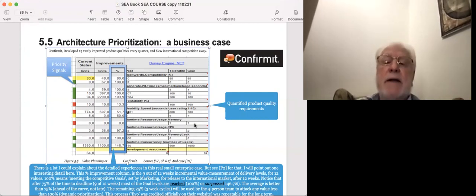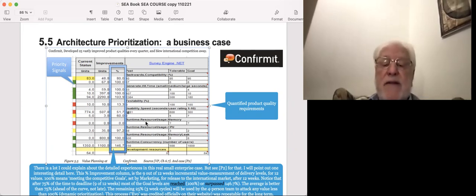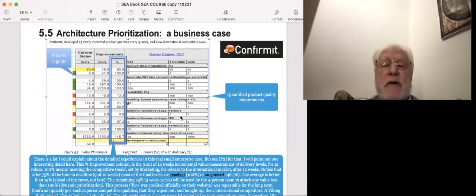And we can keep track of the feedback from the agile delivery steps, and use that feedback step by step to understand and determine our priorities. 13.3 priority, 0.0 priority. That means get your team focused on using time, people, and money on achieving these goals, which are not achieved. So that's the basic idea.